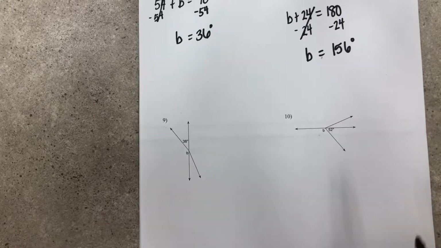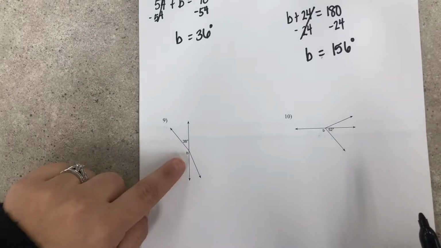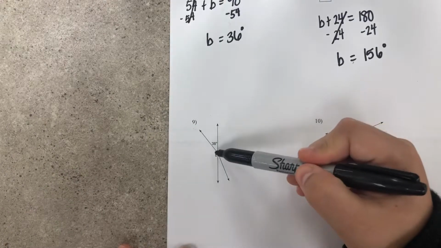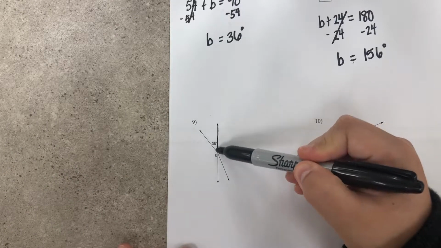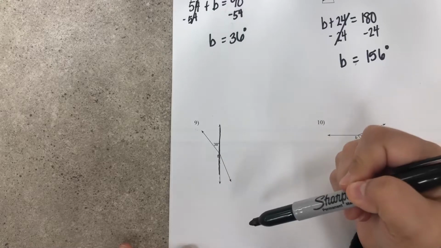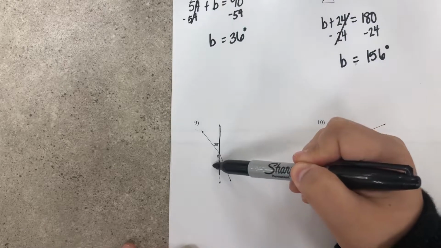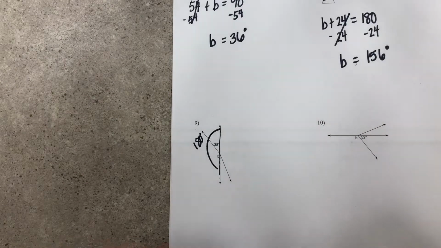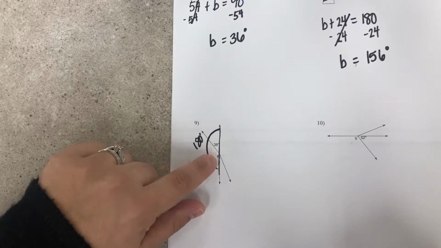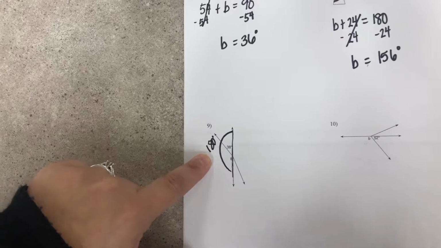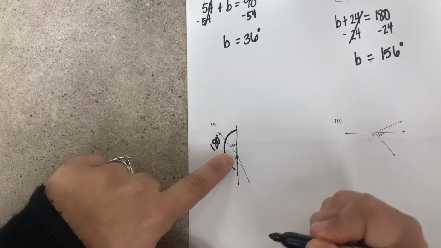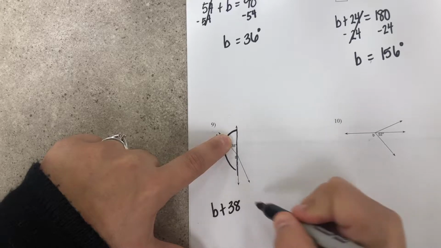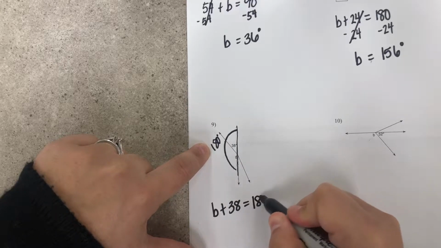Alrighty, I have 2 more down here. Just by looking at these, I can see that B and the 38 degrees together make this straight line. So whatever this angle is, these have to add up to 180 degrees. So I'm going to say this angle, B, plus 38, together should equal 180.